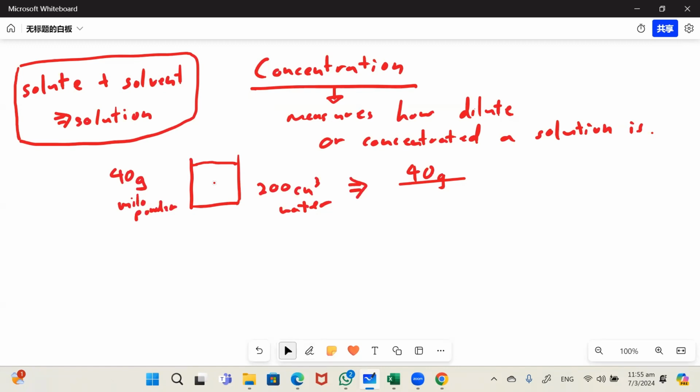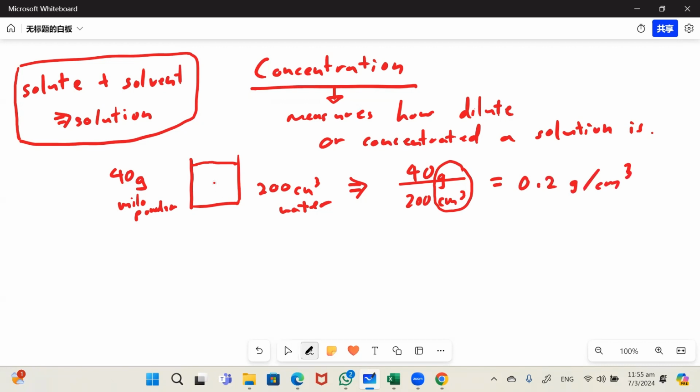All right, sorry, we're left with like 4 minutes. Okay, 40 grams, 200 cm cube. Gram per cm cube is one of the ways we can measure concentration. The zeros cancel out, 4 over 20, so that is 0.2 gram per cm cube Milo solution.